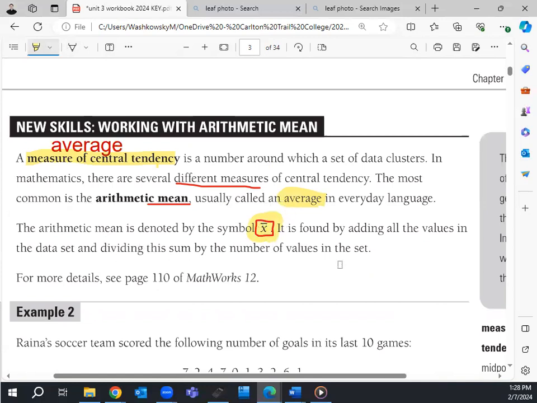So how do we find what the mean is? How do we find what the average is? If I say, okay, we're all going to take a test right now. Someone gets a 50, someone gets a 60, someone gets a 65, someone gets a 90, someone gets a 100. I'm just picking random numbers. How could I find what the average test score was? Is that the total amount in the class?